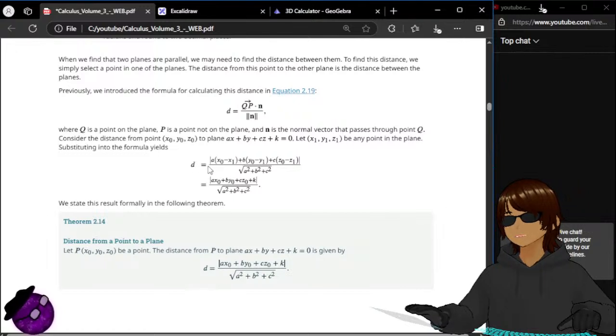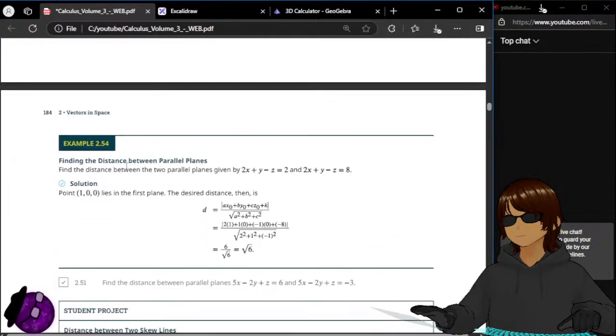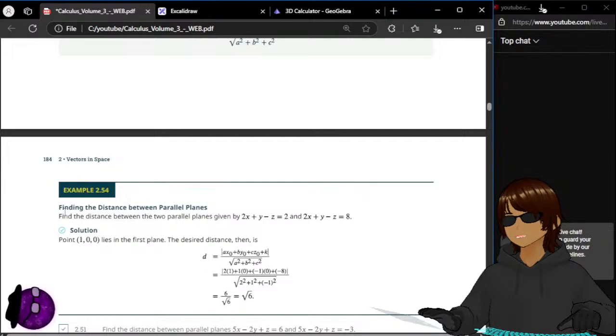Wait, let me think. So A, x0. What happened to x1, y1, and z1? Or they became k, right? Find the distance between the two parallel planes given by this and this.